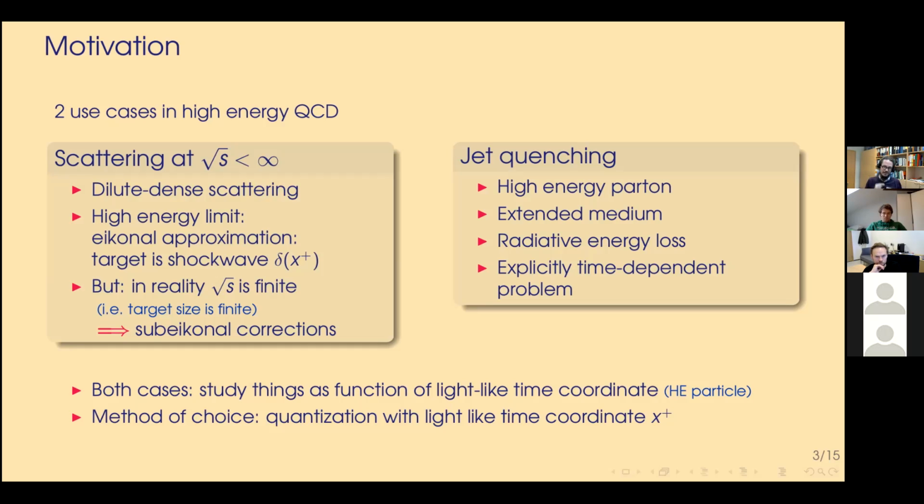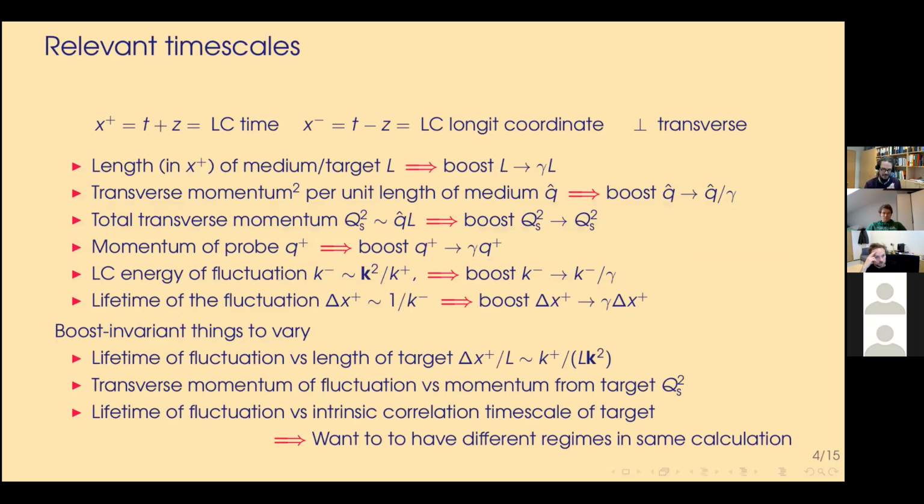Your time coordinate is the coordinate where you follow the trajectory in space-time of your massless particle. So this is why you would want to do light cone quantization. Light cone quantization is just this: quantum mechanics with a light-like time coordinate.